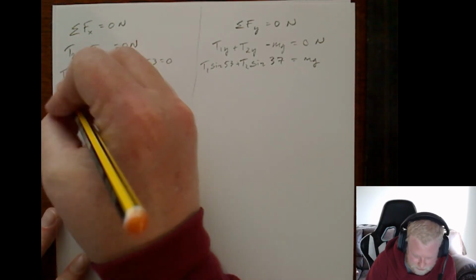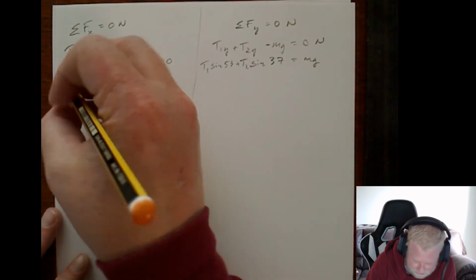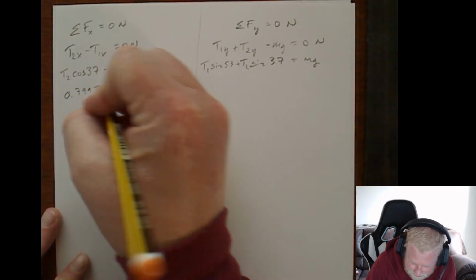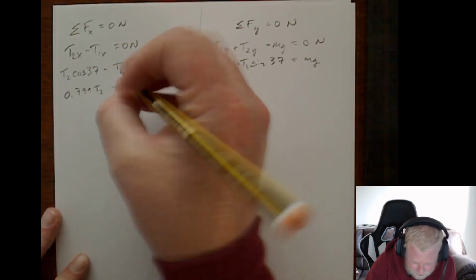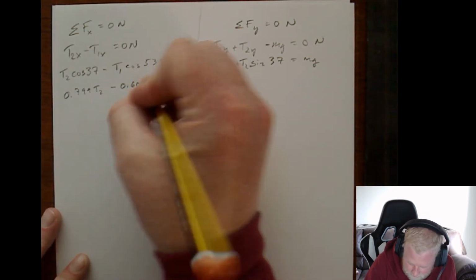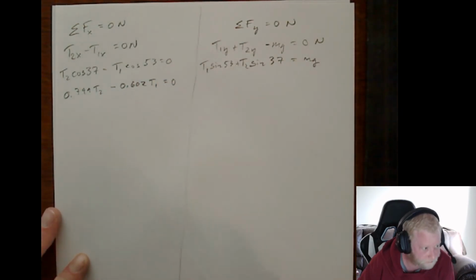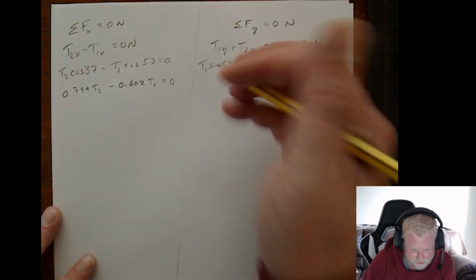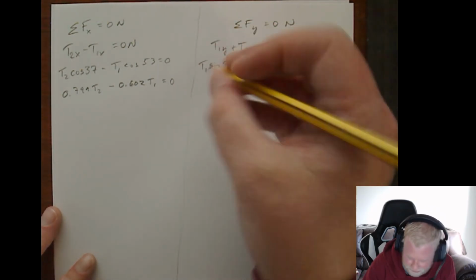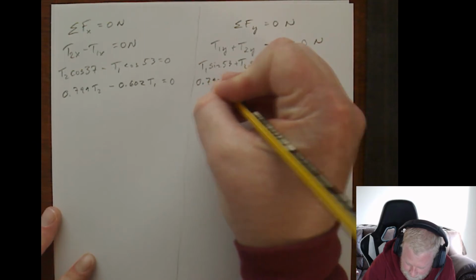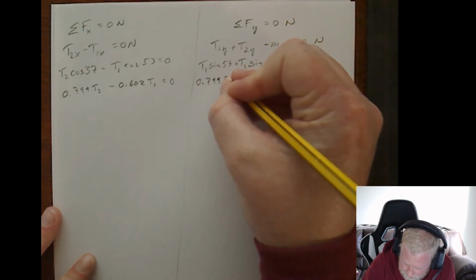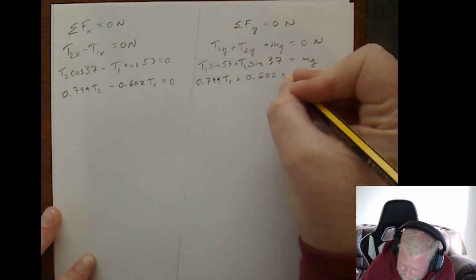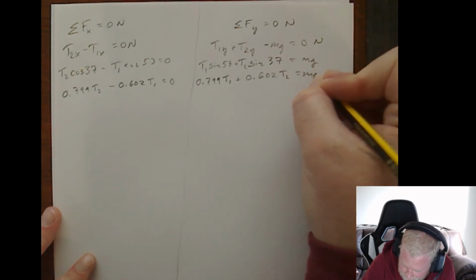So cosine of 37 comes out to 0.799, so 0.799 T2 minus 0.602 T1 is equal to 0. On the other side, sine of 53 comes out to 0.799 T1 plus 0.602 T2 being equal to mg.